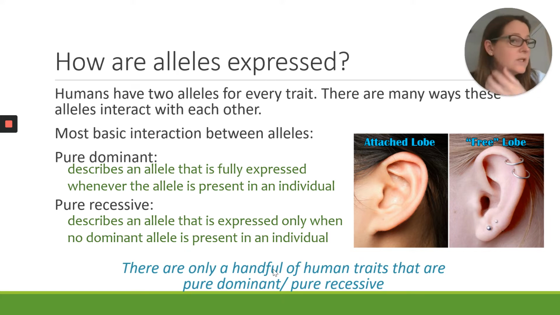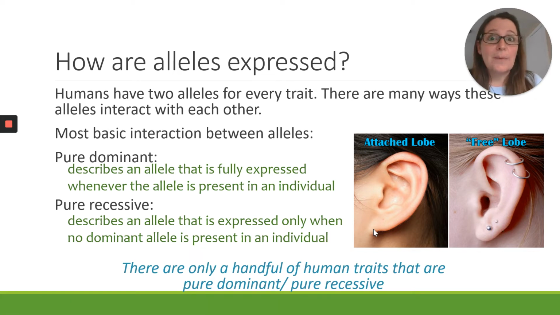So I have a picture there of each one. You can look in the mirror. Mine are the free earlobes. So you can kind of see the background of my hair there. I actually have an earlobe. If you have attached earlobes, they just come straight in and connect without that little hanging piece like you see here.